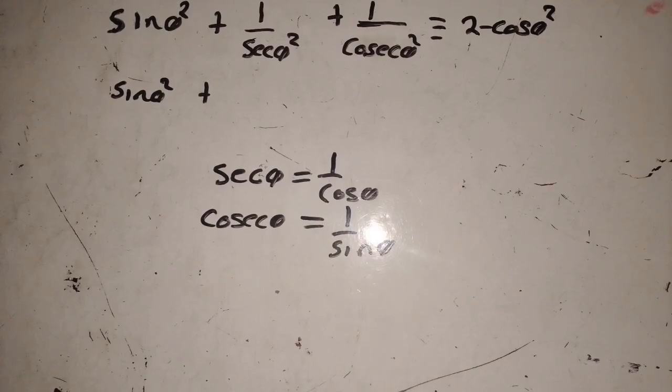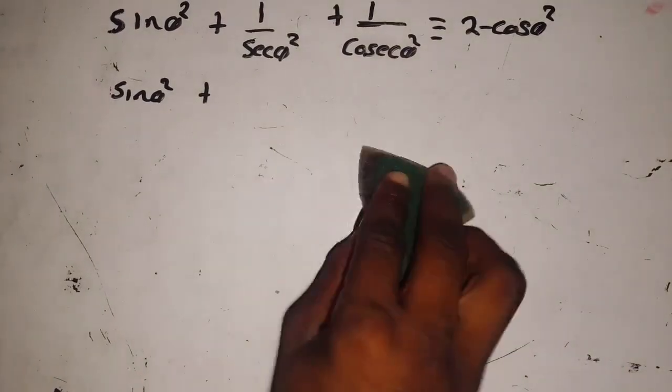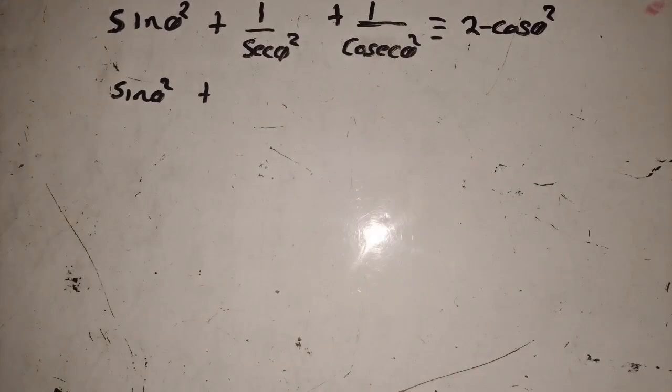So no need for us to struggle or wonder where these things come from. Keep it in mind that sec theta is equal to 1 over cos theta, and cosec theta is equal to 1 over sine theta. Where there is sec theta, we can replace it with 1 over cos theta.